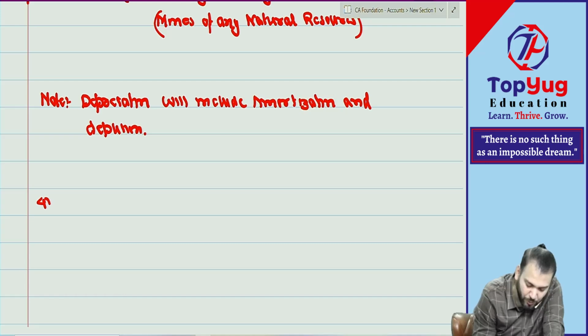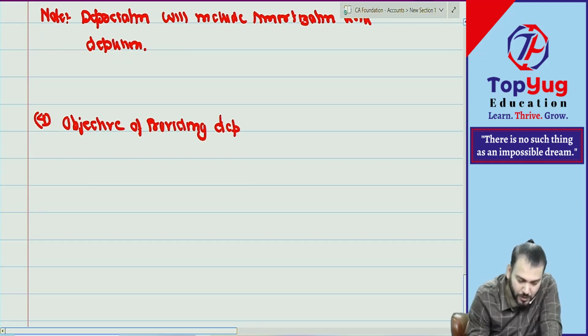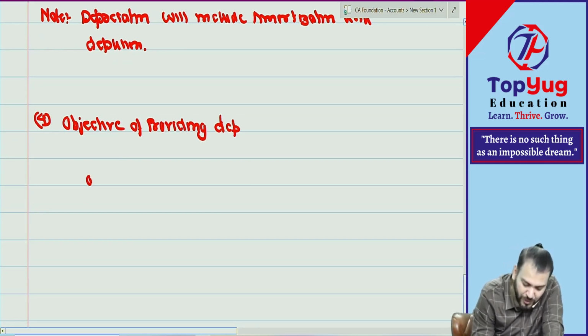Now point number 4. What is the objective of providing depreciation? You tell me. What is the objective? First objective is what?